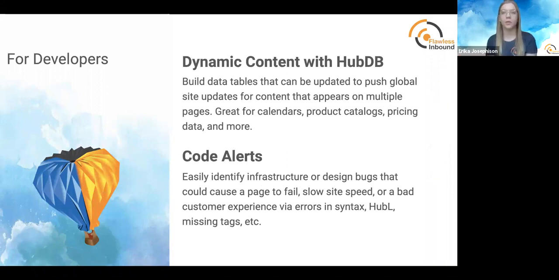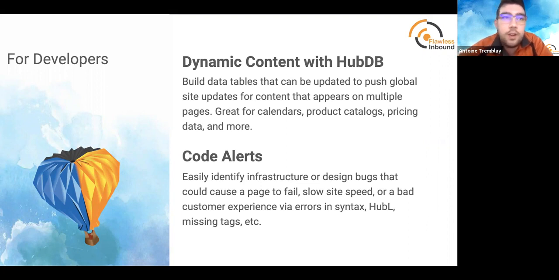So this would be great for people who have e-commerce sites. You can use the database to build those tables of products and pricing, and store your product information. Obviously, you would need an integration between the e-commerce and the HubSpot CMS for the data to sync. But once it's in the database, you can access it very easily.